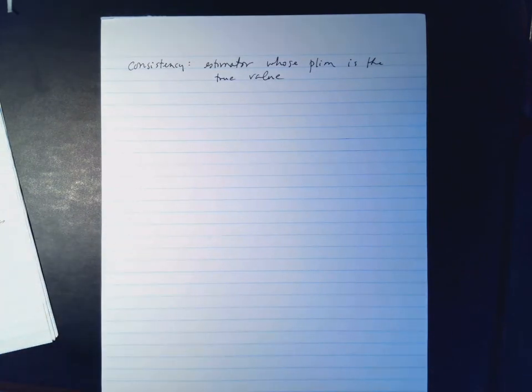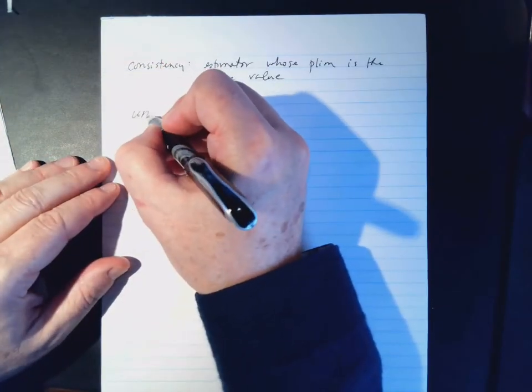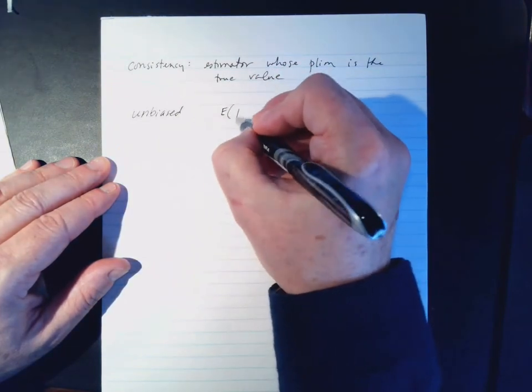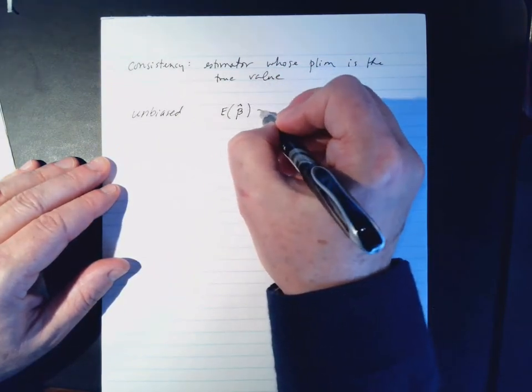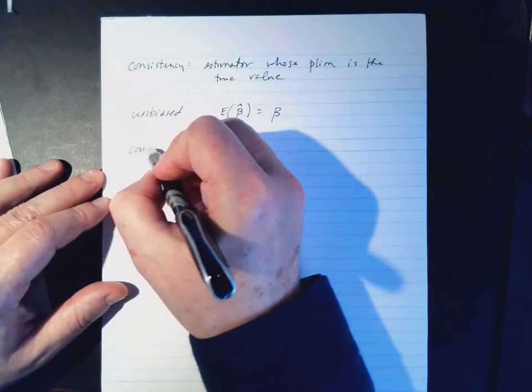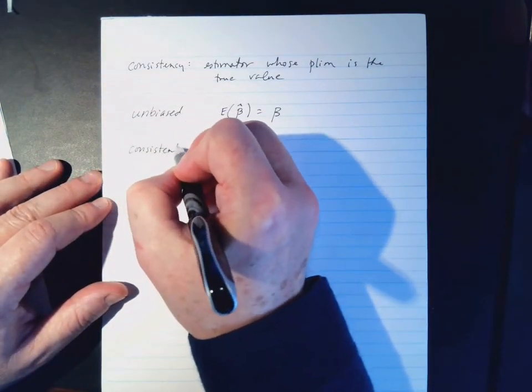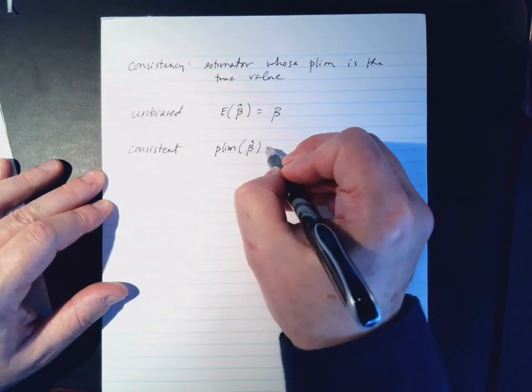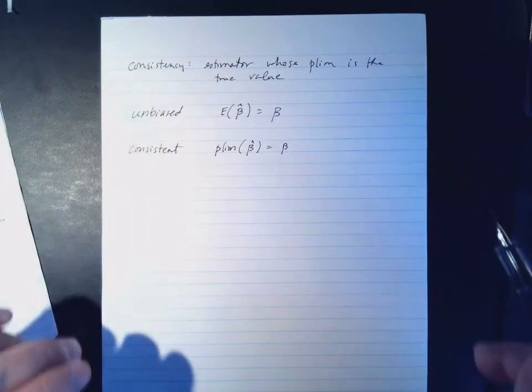An unbiased estimator is one where the expectation is the true value. So unbiased means the expected value of beta hat equals beta. Consistent means the plim of beta hat equals beta.